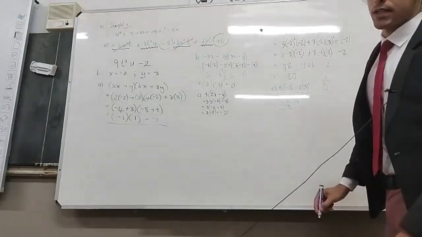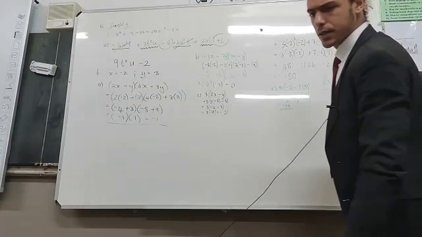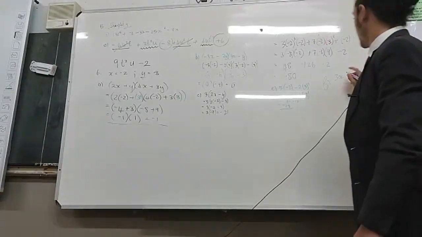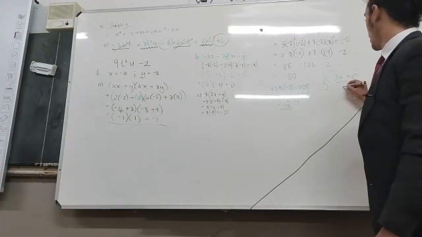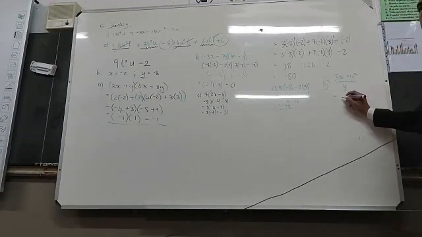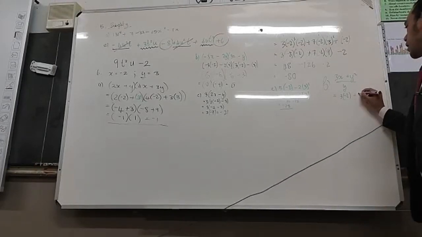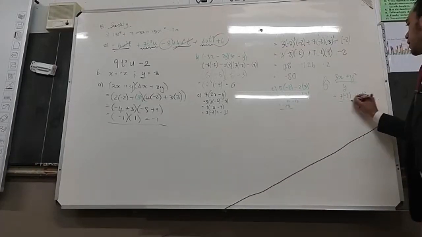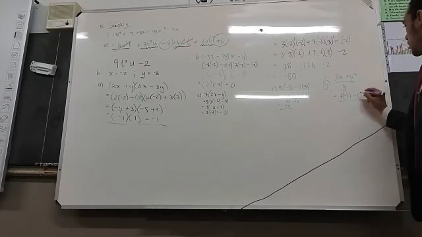At F it says there, that looks like 3x plus y squared over y. Let's do the substitution now. That's going to be x equals negative 2, y equals 3, and this is y to the power of 3.